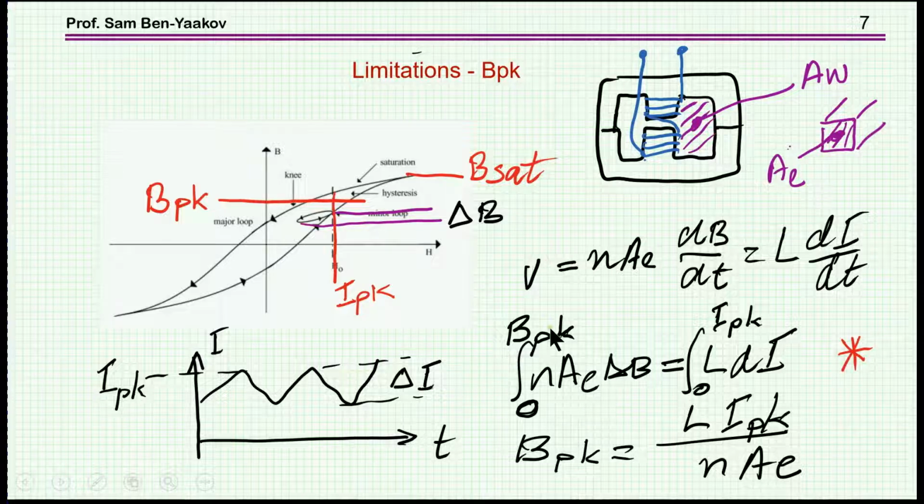And this can be done by looking at this relationship, expressing voltage as a function of the B dt and the I dt, and then taking the integral of both sides from here 0 to the peak value, here 0 to, again, the peak current value, and I come up with this equation. This equation relates the maximum magnetic flux density to the inductance.